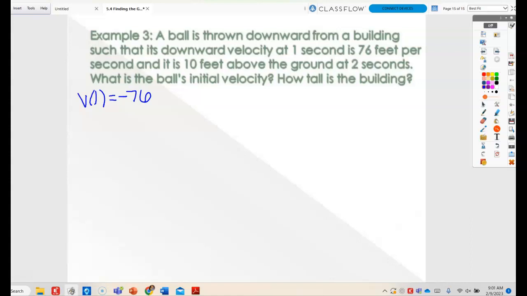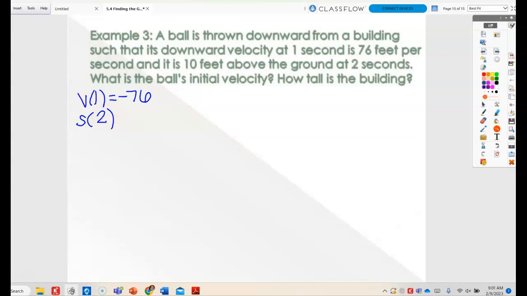And it is 10 feet above the ground at 2 seconds. So now I have velocity and I have position. So position, we either use s of t or x of t. So s of t for position is like saying s of 2, because t is time, 2 seconds.